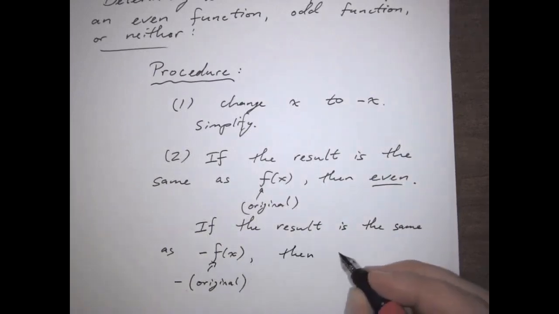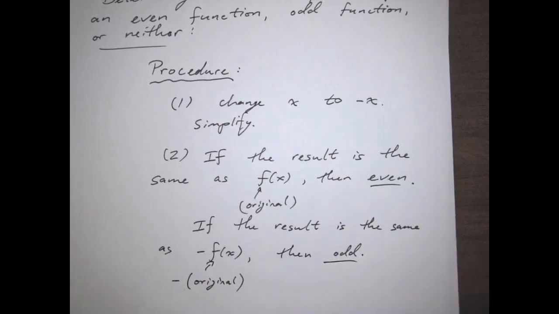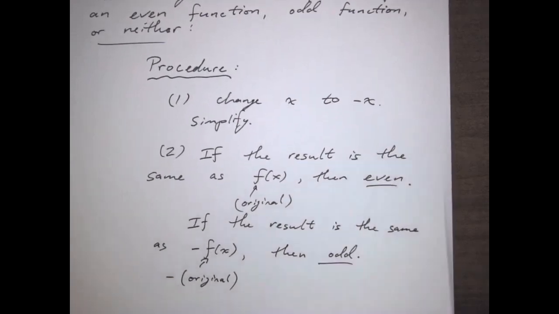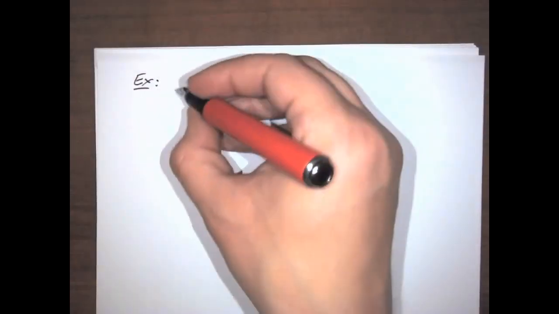Then odd. And if neither, then neither. Now let's give this a try. So let's try this with a few first of the toolkit functions and see where that takes us.